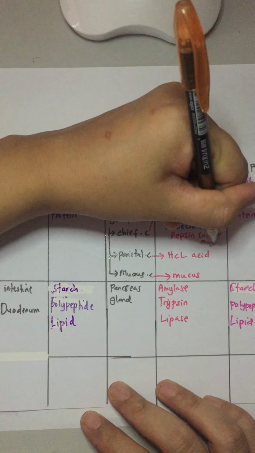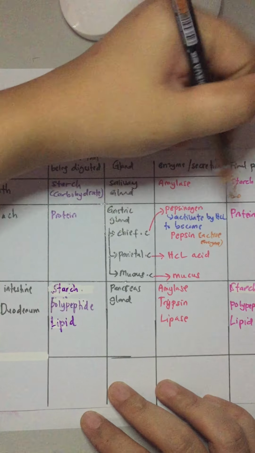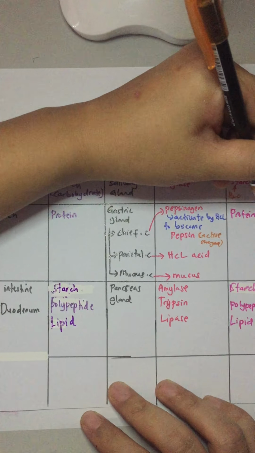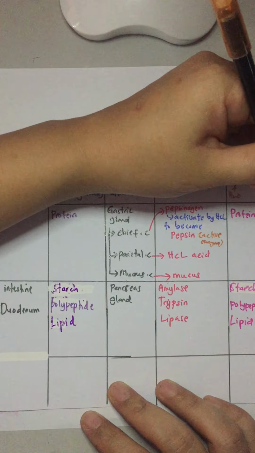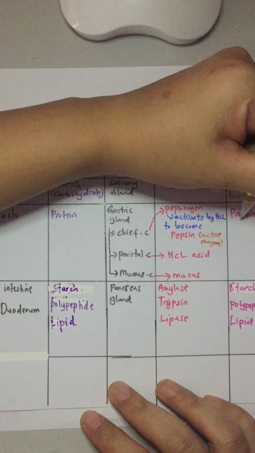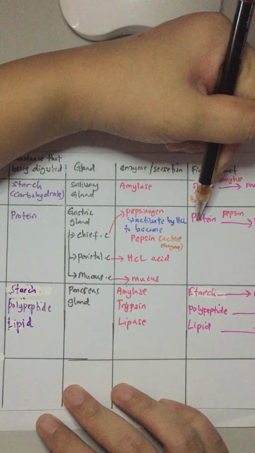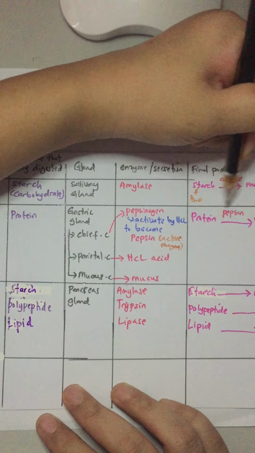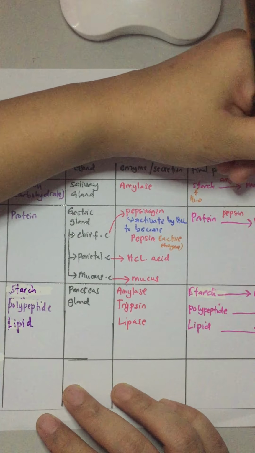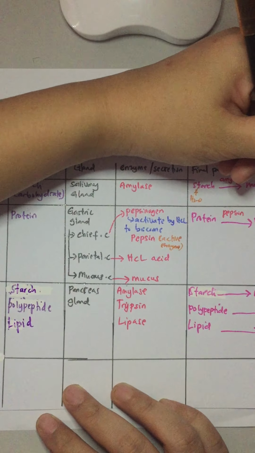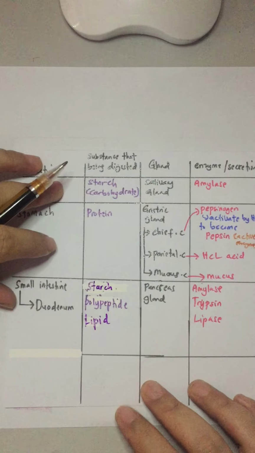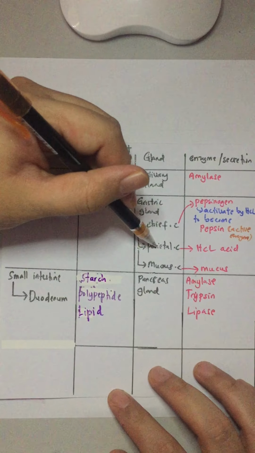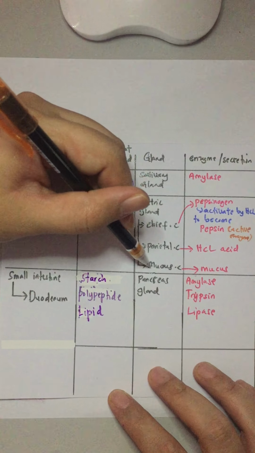Okay, so this pepsin will react with protein to produce a new product. This digestion happen here. Protein is digested by pepsin, and the enzyme pepsin produces a new product, polypeptide. Okay, so what do the other two cells, parietal and mucus cell, do?